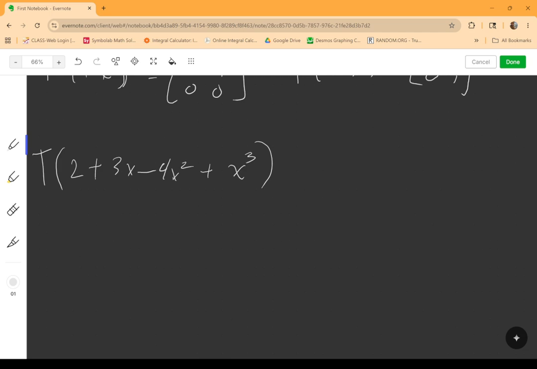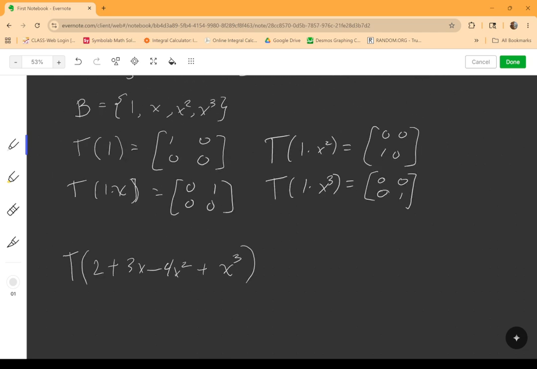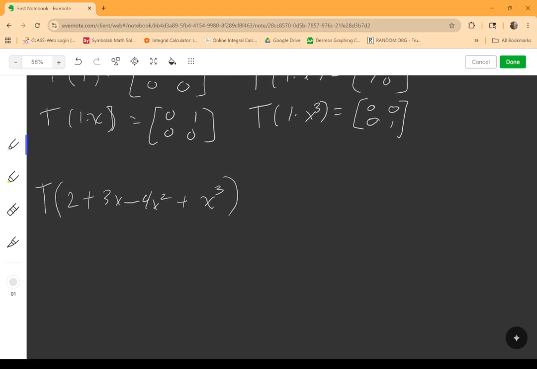I don't need to know anything else about the transformation other than what it does to the basis vectors. Through the properties of linear transformations, I can write this as 2 times T of 1 plus 3 times T of x, minus 4 T of x squared, and then plus T of x cubed.